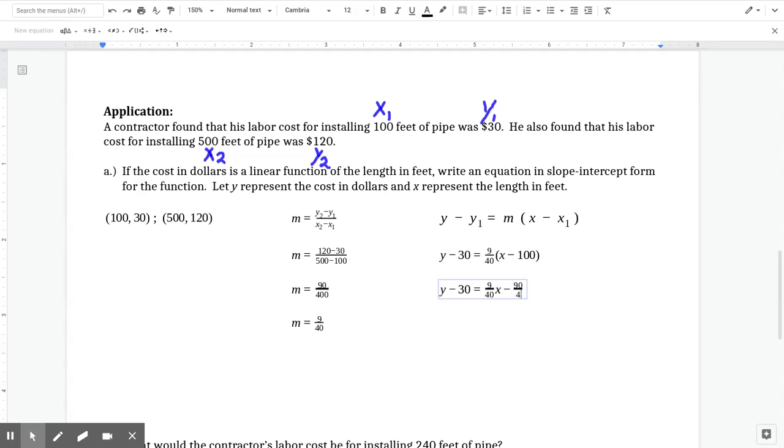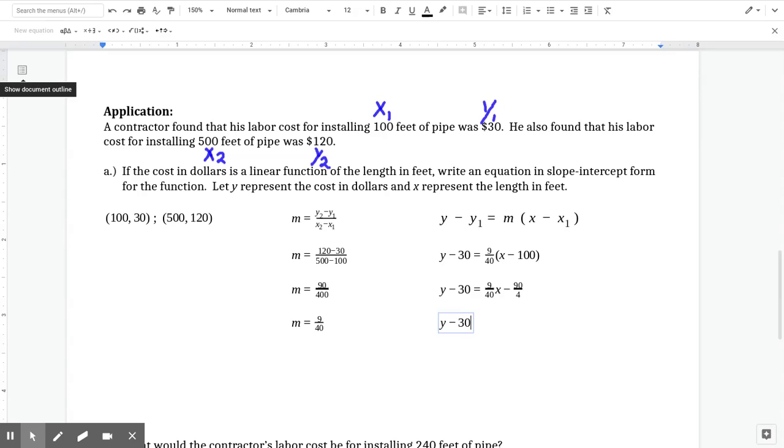So let's figure out what 90 over 4 is. Putting it into a calculator really quick, we get 22.5 exactly. So if the decimal is exact, it is safe to use, and it'll make our calculations a little bit easier than trying to deal with the fraction value.